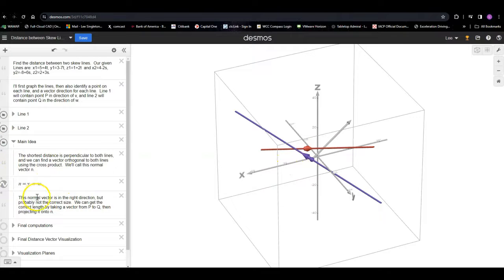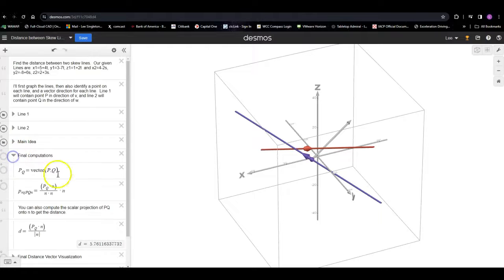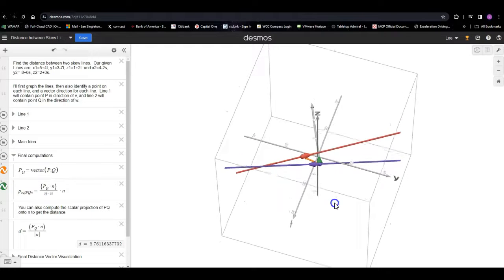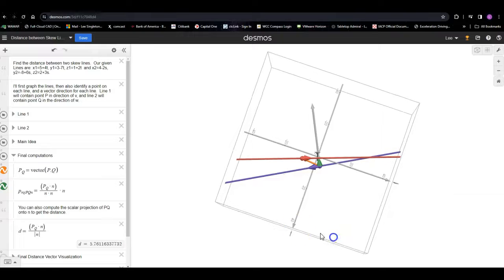What I can do after that is take a look at a few things. One is this vector from P to Q, so I'm going to go ahead and draw that in. All right, so there's my vector from P to Q. And I'm going to project that vector.